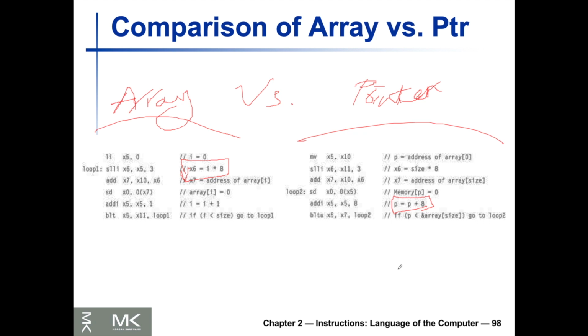We are saving that multiplication because we are now just doing an addition, P is equal to P plus 8. The other one, you have to do I multiplied by 8, right? And multiplication is always a more computationally intensive operation than addition. Okay? So one of the advantages of pointers in general is that it reduces the instructions executed per iteration, right?